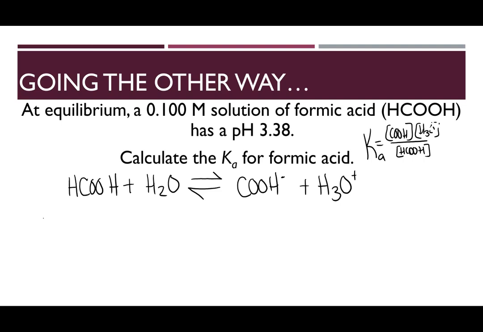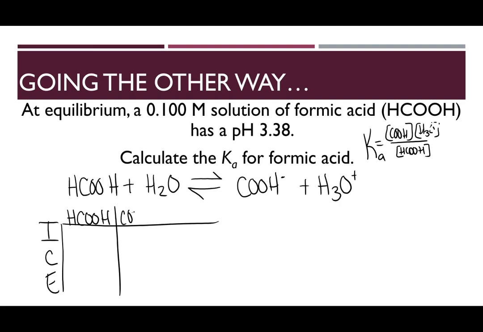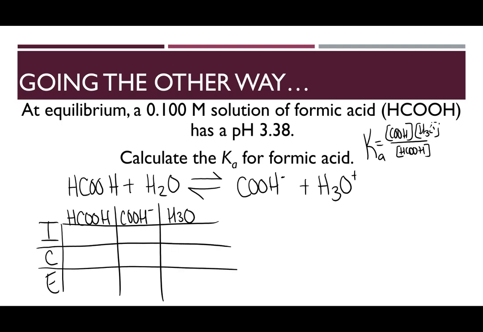Right. Now we're going to fill out our ice table. So ice table, our reactant, product. Initial concentration of our reactant is 0.1. No mention of the other two, so those are going to be 0. And then at equilibrium, there's its pH.